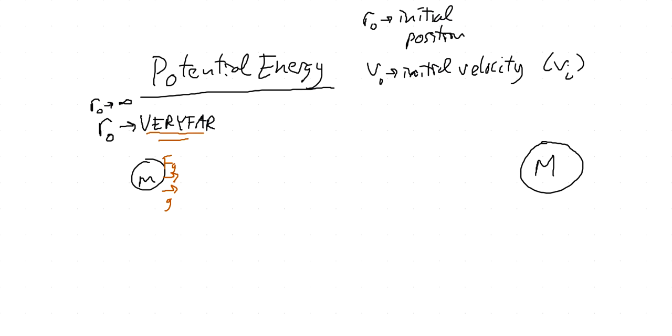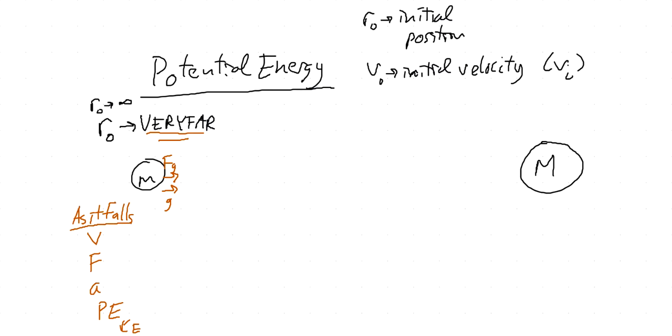What happens to velocity? What happens to force? What happens to acceleration? And most importantly, ready for this? What happens to potential energy and what happens to kinetic energy as it moves, or I'll even use the word as it falls, because it's falling toward this mass.